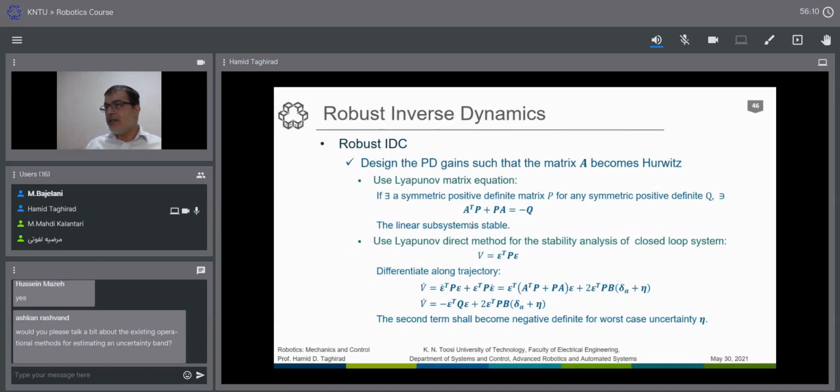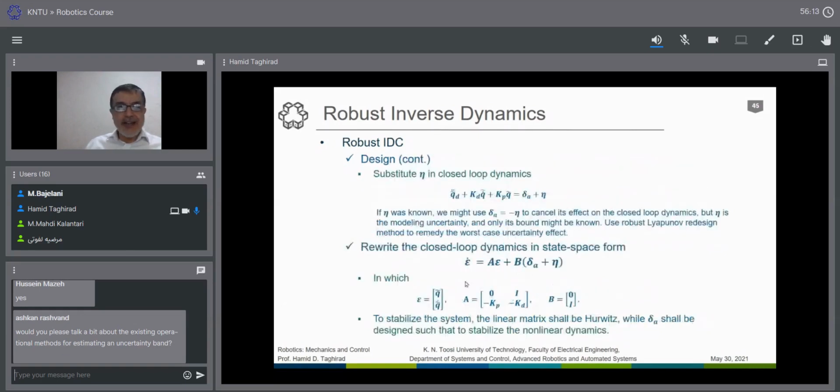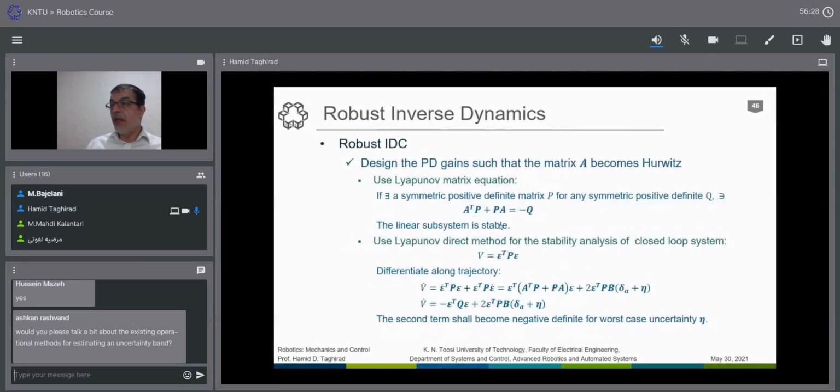For this case, we should have positive KP and KDs to have positive, even just positive KPs is enough, because it is upper triangular, to be positive definite, and basically a stable system. So consider that for any positive symmetric definite Q, we have A transpose P plus P A is equal to minus Q, and then the linear subsystem is stable.